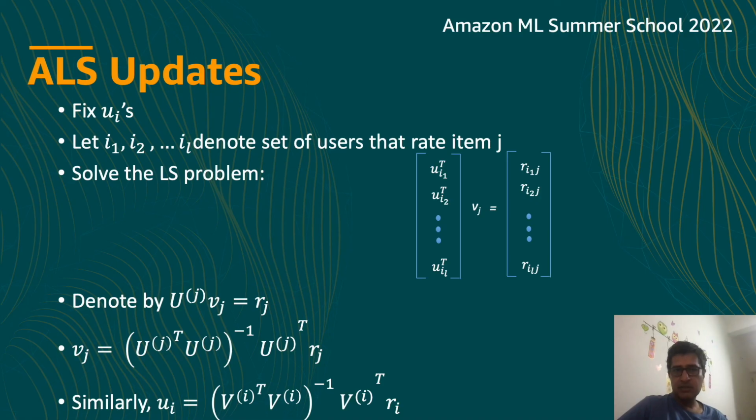So then, just to be clear about it, first you fix the U's, and then given the U's, you solve for the V's, because the ratings are observed, right? You already know what the ratings are, and then correspondingly, once you have realized the V's, you backpropagate, and then you try and estimate what the U's look like.